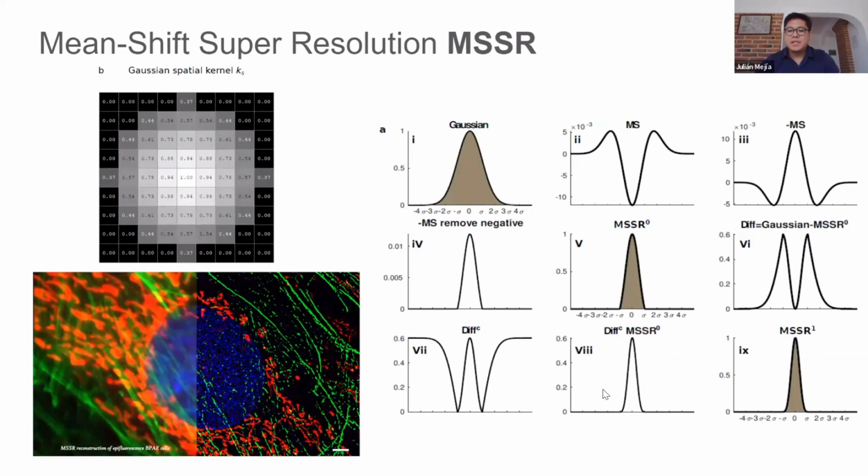Okay, what is Messer? Messer stands for mean shift super resolution technique. The mean shift approach or mathematical computation of images has often been used to segment images, since about 1980, in the microscope field and other image processing fields.